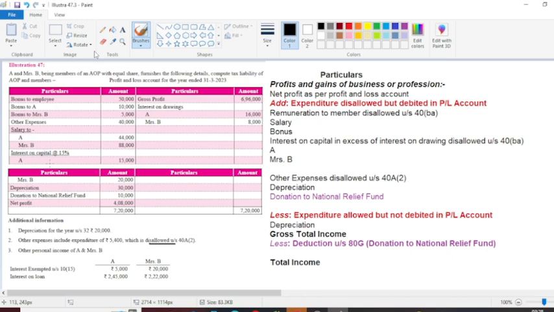Next is bonus to the members: 10,000 and 5,000, which sums to 15,000, to be added back to the net profit.